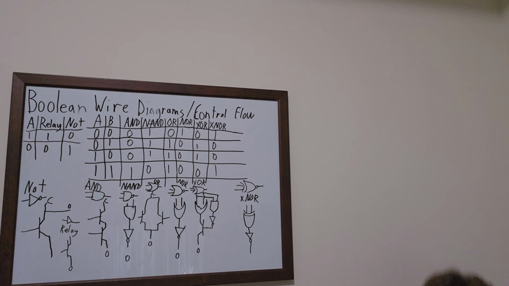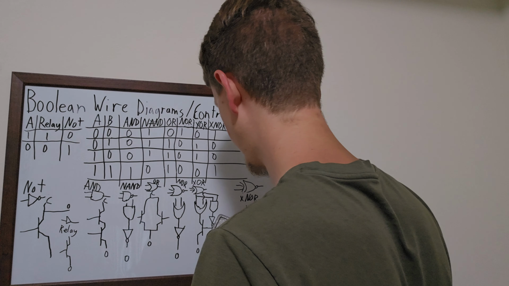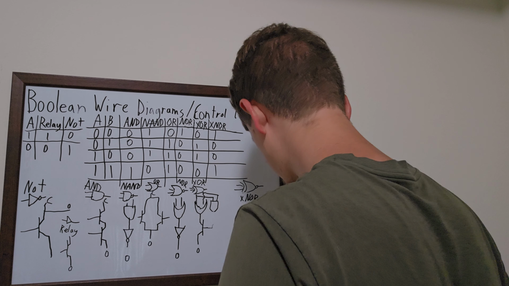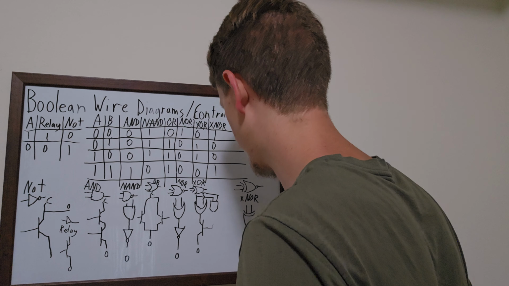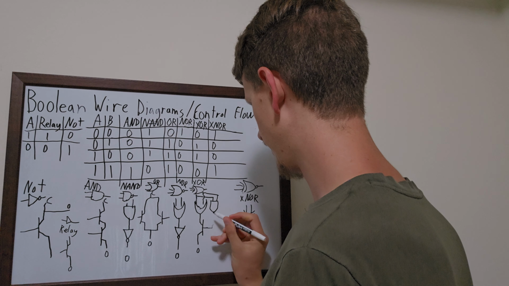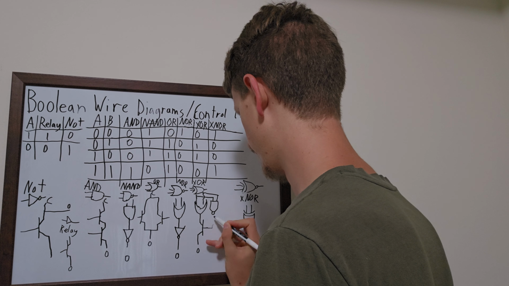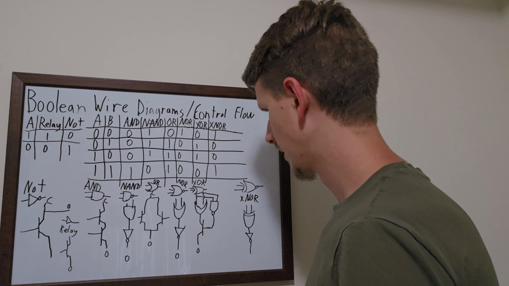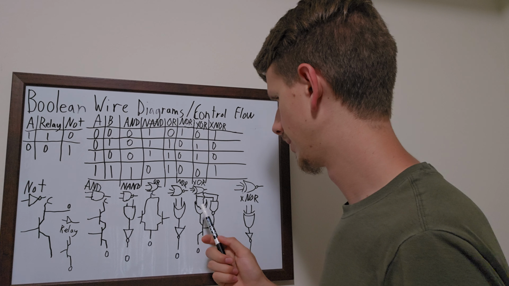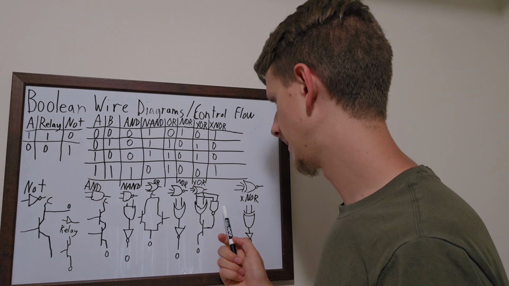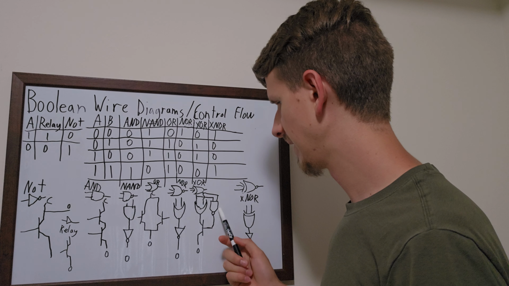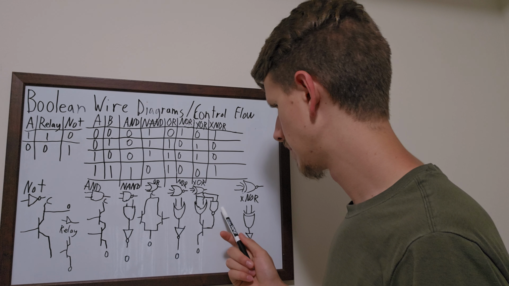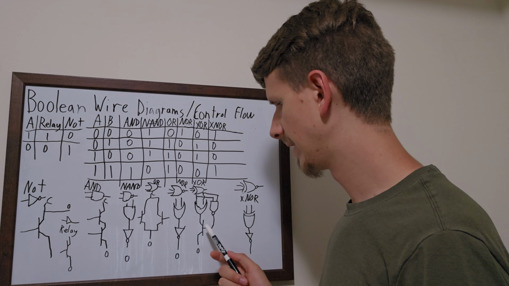So let's see. If I can just reduce this simply to a NAND. Sorry about that. So just a NAND. And then we have an OR here and a NAND. If the NAND is true, then it will stop the flow.